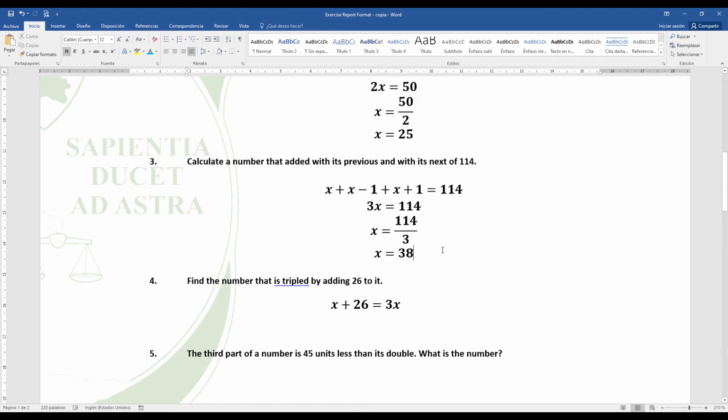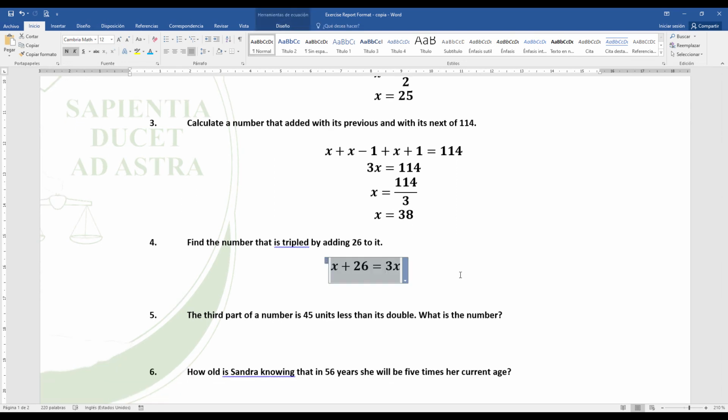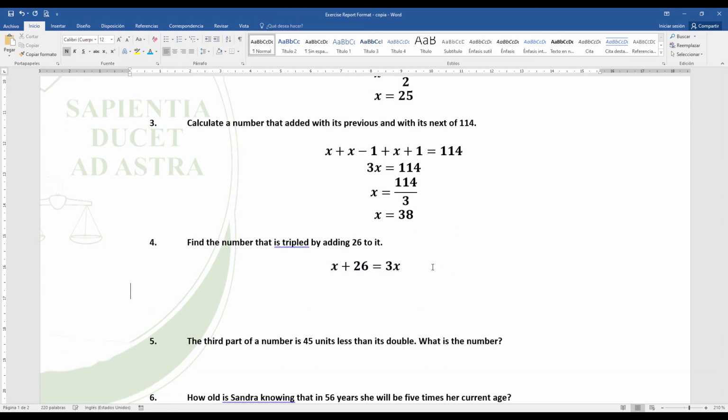So the next one, you need to move, for example, that x to here. If that x is adding here, you pass it subtracting to the other side.